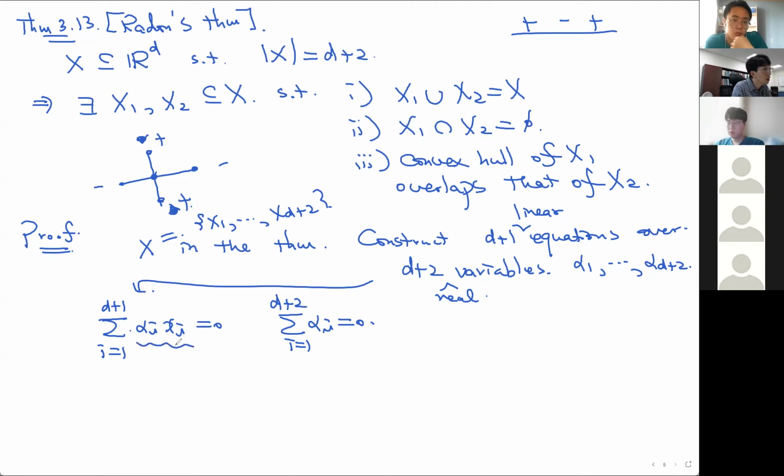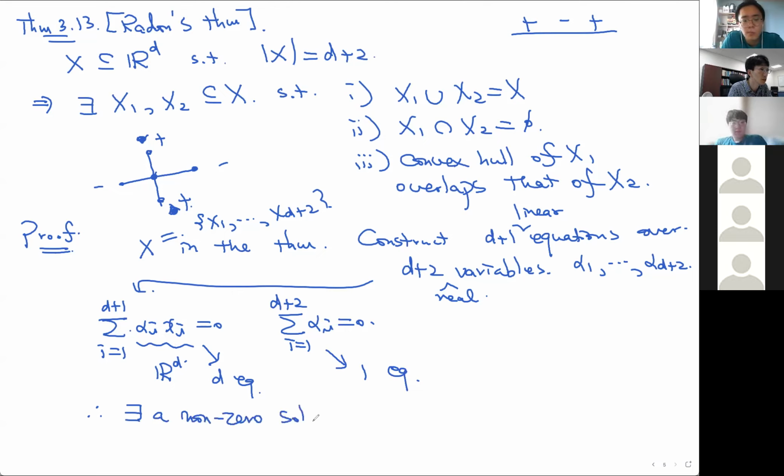Alpha_i x_i is a d-dimensional vector, so although this looks like just one equation, it is actually d equations, and this is one more equation. This means that we have d plus 1 equations over d plus 2 variables, so there exists a non-zero solution alpha 1 to alpha d plus 2.